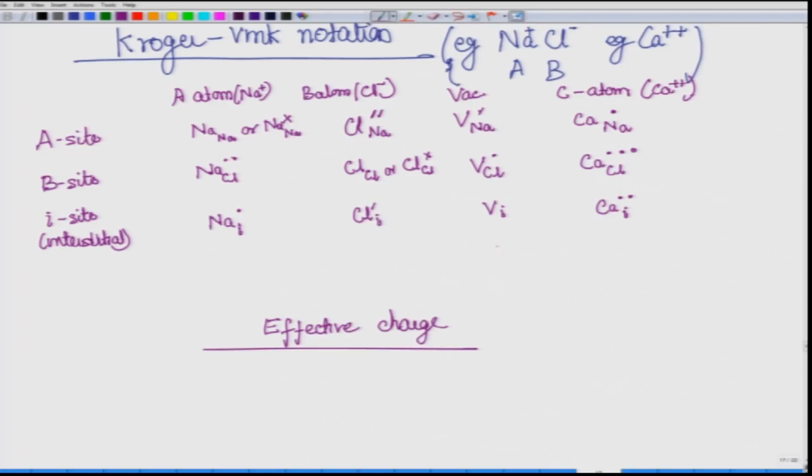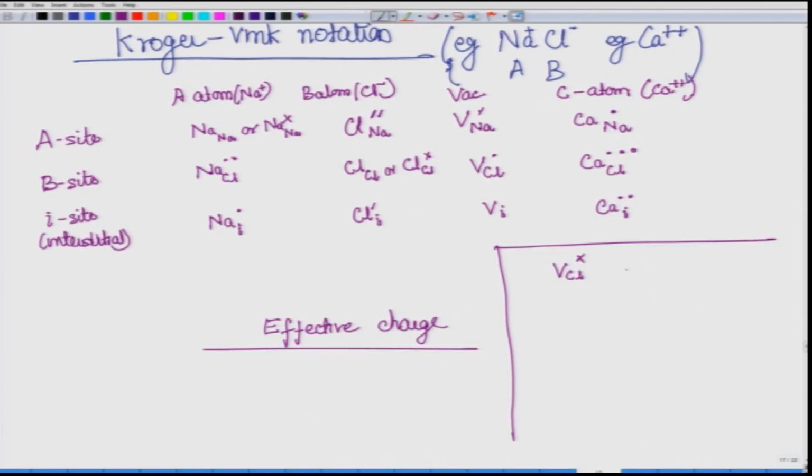Now, if you understand this, then try to guess what will be the meaning of V chlorine cross. You have seen V chlorine plus, which means the vacancy has 1 positive effective charge. Now, let us say I have put it as a cross, meaning a vacancy sitting at a chlorine site with no effective charge.